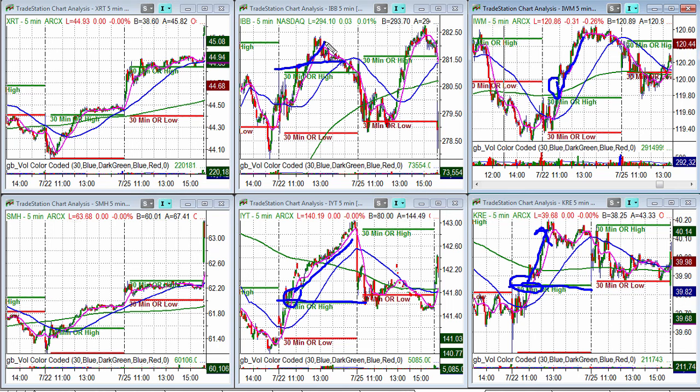IBB's, well, they didn't move higher as violently, they stayed above. And XRT didn't move higher as violently, but stayed above. SMH moved dramatically higher. So every single one was doing the same exact thing relative to that first 30 minutes.